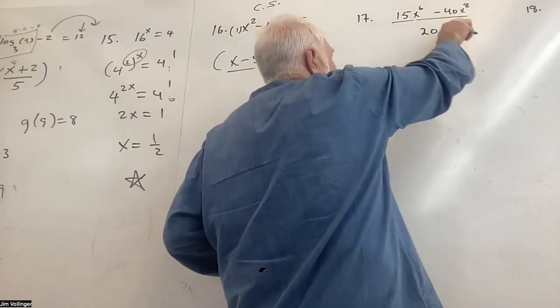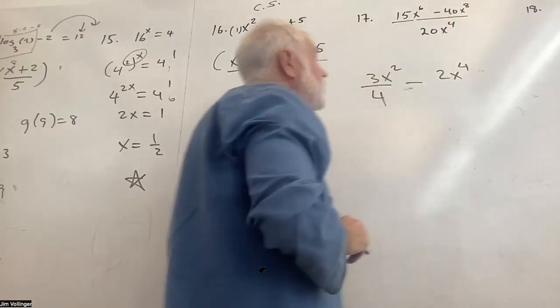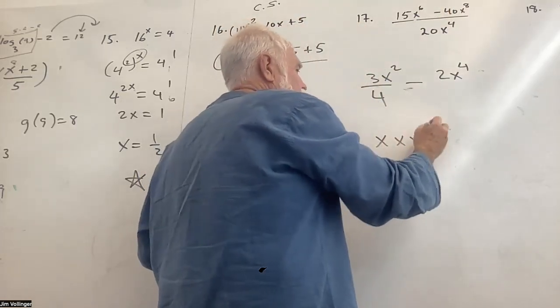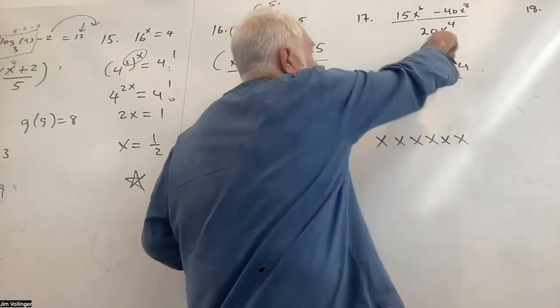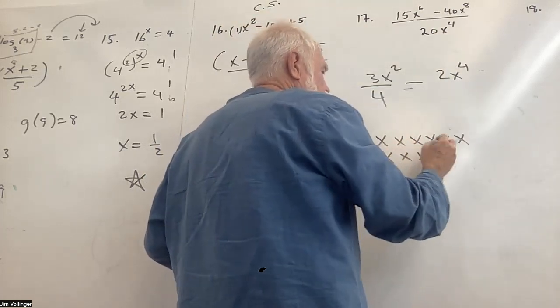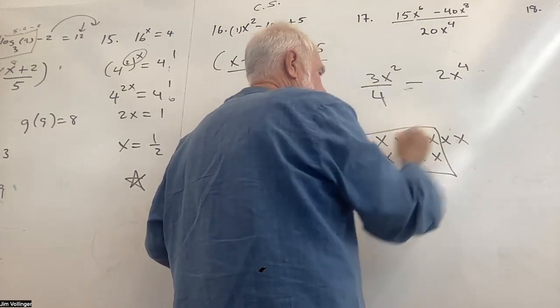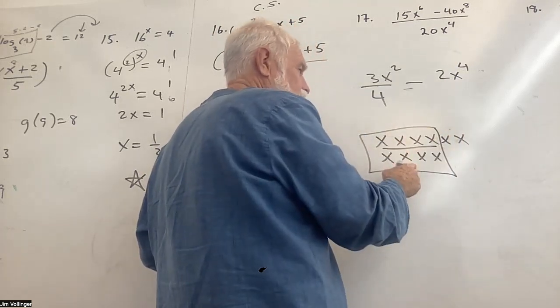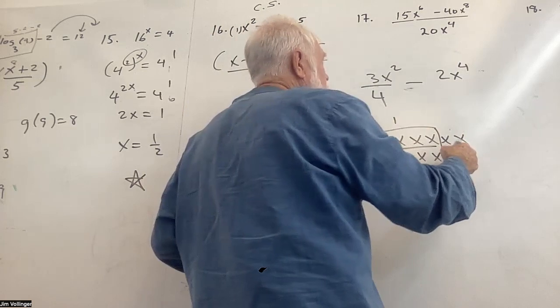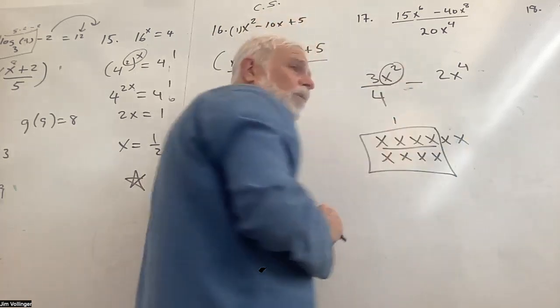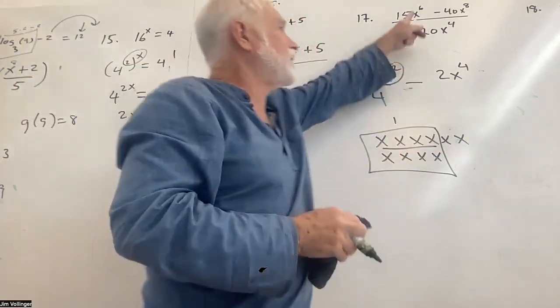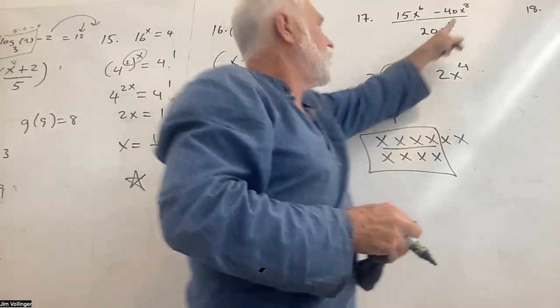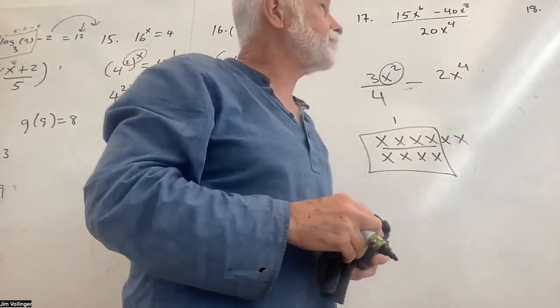Hopefully you know to subtract, right? Because all you're doing is counting. 6 x's, 1, 2, 3, 4, 5, 6. 4 in the denominator, 1, 2, 3, 4. What is this division? Something by itself equals 1. 1 times x squared. That's why that is what it is. So hopefully you're taking 6 minus 4 and saying 2, and 8 minus 4 and saying 4.